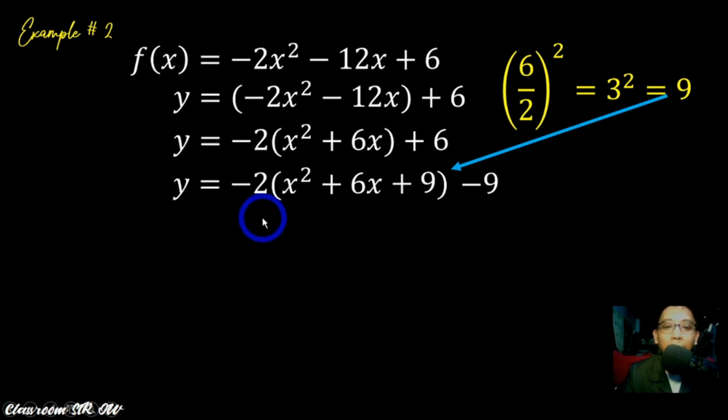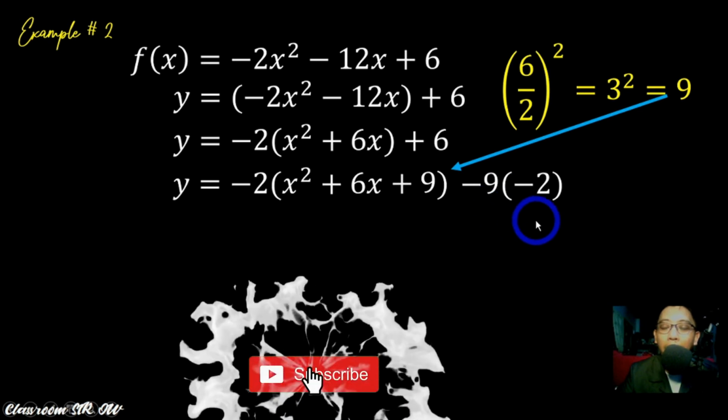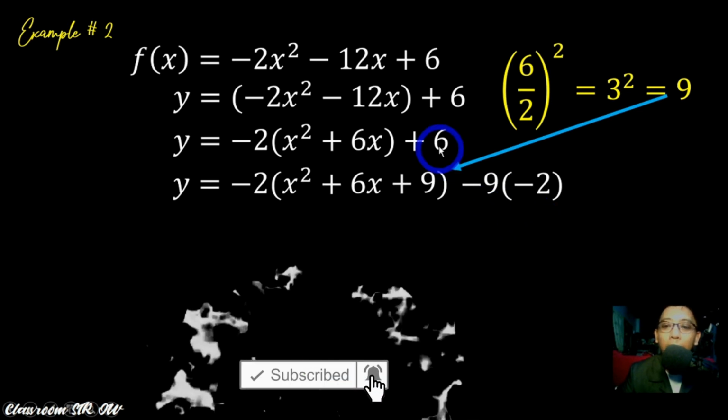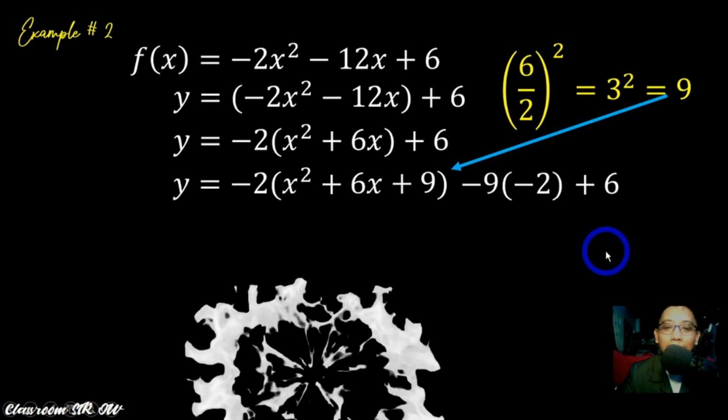Now since the coefficient outside the parentheses is negative 2, we will also multiply negative 9 by negative 2. Copy plus 6.